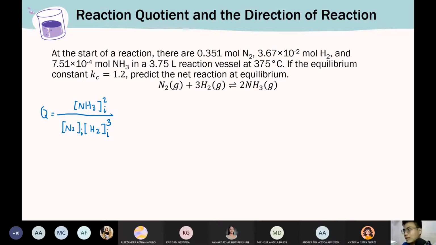Again, the concentration is the molarity. How will I solve for the molarity given the problem? Anyone? Baka may suggestion kayo. Any idea? Paano ko kukunin yung molarity sa problem?